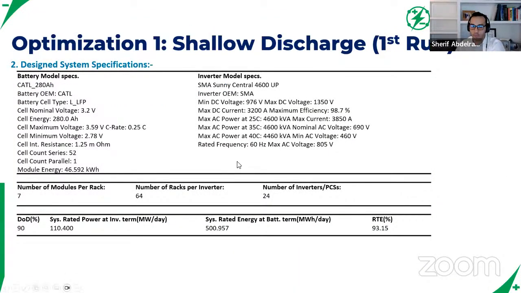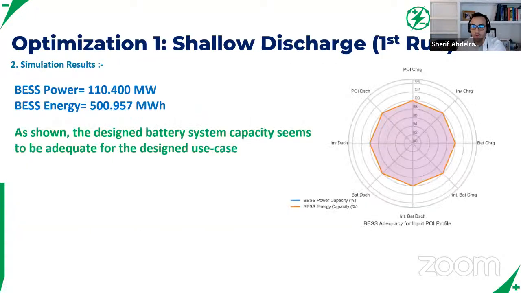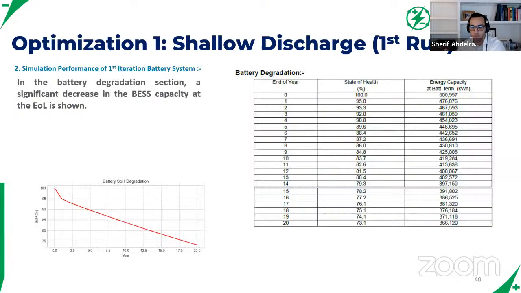We're not going to go through the exact same steps as we did on the first run, but the design that was put together achieved the requirements of the use case. We found that it similarly degraded to less than the needed capacity, which we set as 400 megawatt hours at the point of interconnect.